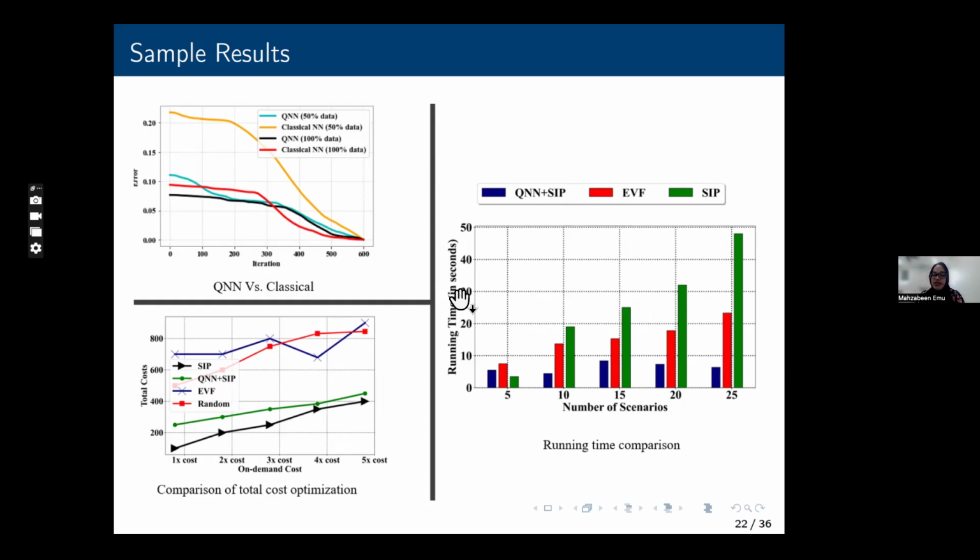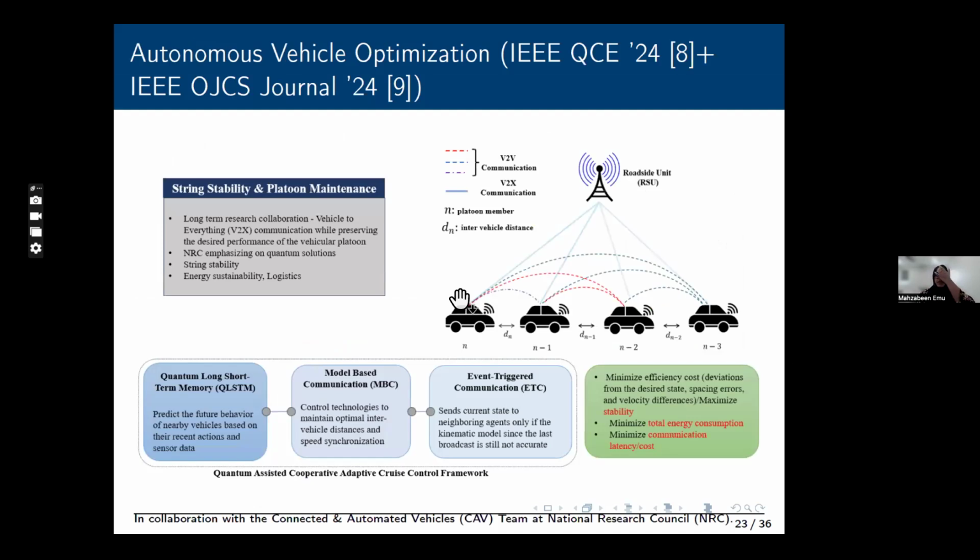optimization problems with uncertainties. And this is the last research project that I'm going to describe, which was done in collaboration with NRC and their connected and autonomous vehicle team. This research project is about optimizing vehicle platoons.